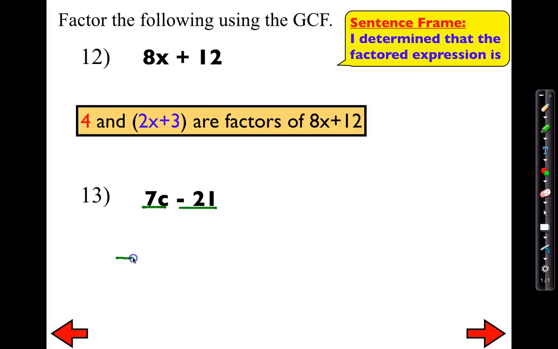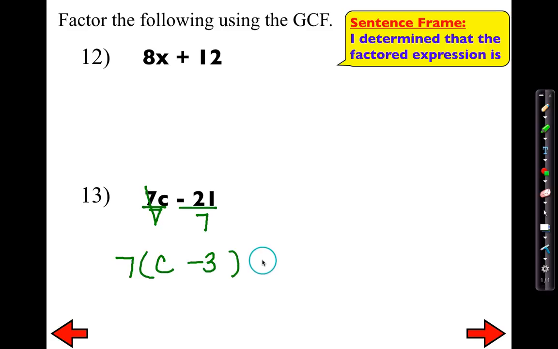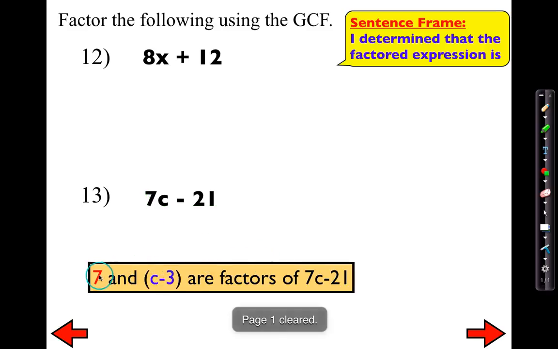So we're going to factor out a 7, and since we're doing that, we're basically dividing each term by 7. 7c divided by 7, the 7's cancel out, leaving just 1c, which I'm just going to write as c. A negative 21 divided by 7 is going to be a negative 3. So the factors are 7 and c minus 3. Those are the two factors, 7 and c minus 3.